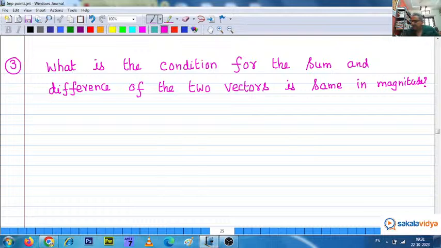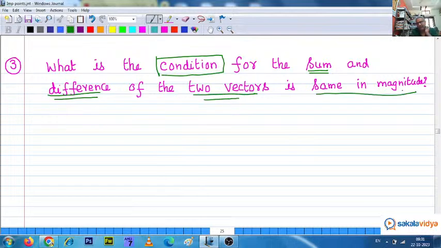So this is the question. What is the condition we need to find out, for which the sum and difference of the two vectors is the same in magnitude? That means if the magnitudes of the sum and the difference of the two vectors are equal, then what will be the condition? So that condition we need to establish. Anybody, what will be your answer? Just think.